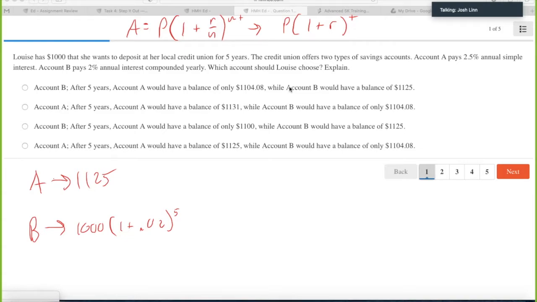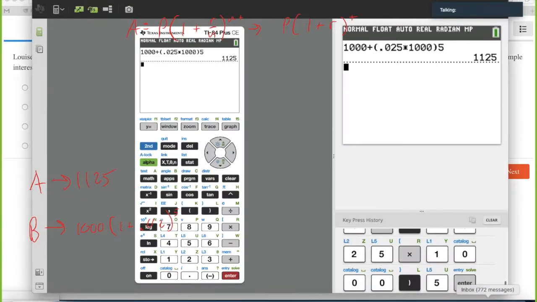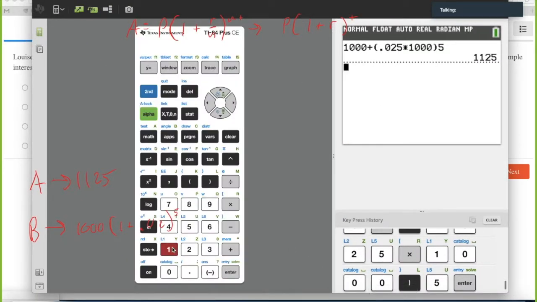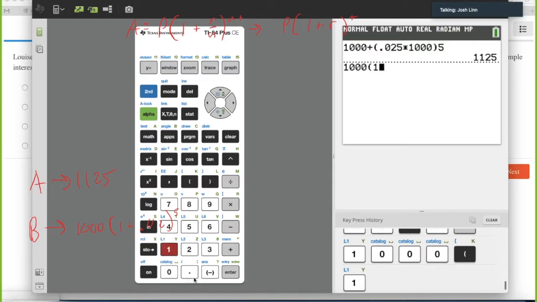So again, pull out that calculator, and we're just going to do 1,000 times 1.02 brought to the power of 5.